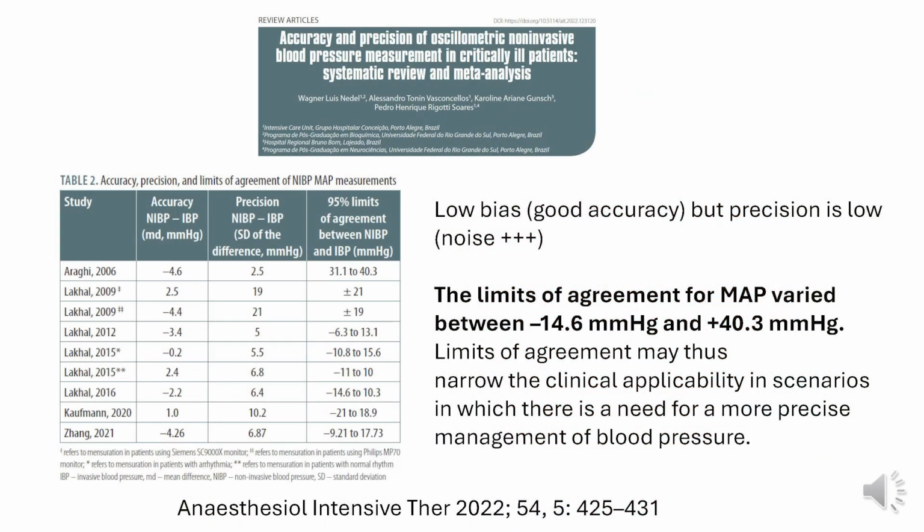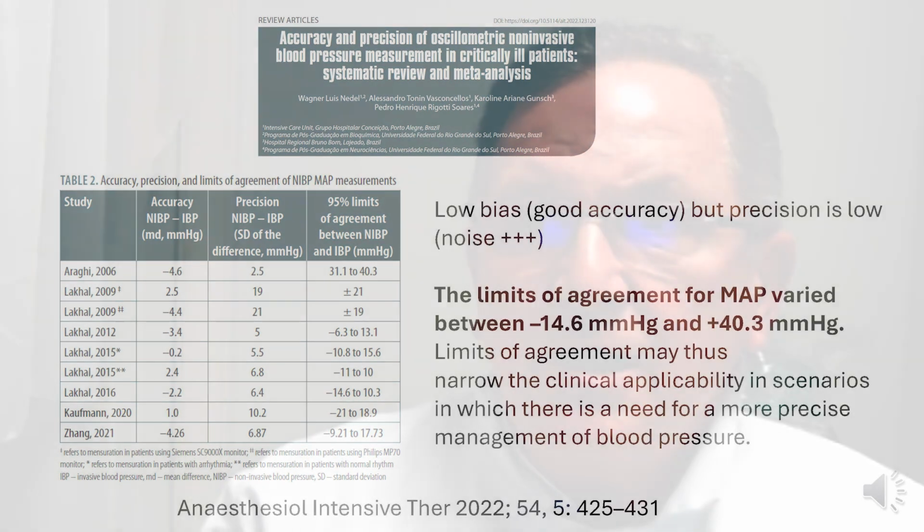So we're talking about MAP variations between -15 and up to 40 millimeters of mercury. And in an individual patient, this is absolutely very important to take into consideration. And therefore, one should not dichotomize arterial pressure into hypotension and normotension around a single value. And I think this is the main limitation.